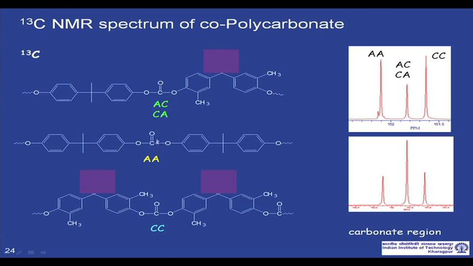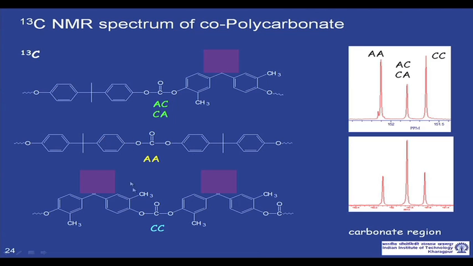Now, this carbonate peak, if we call this A and this A, so this particular carbonate is from the copolymer having two bisphenol A groups making a carbonate linkage, which we can get information from the bisphenol A polycarbonate homopolymer.